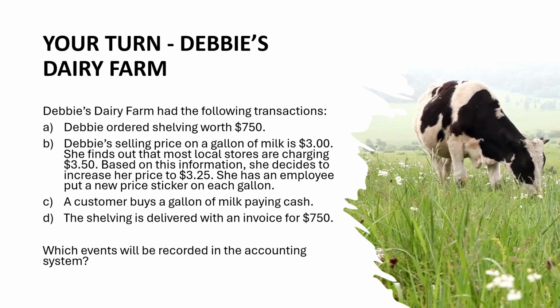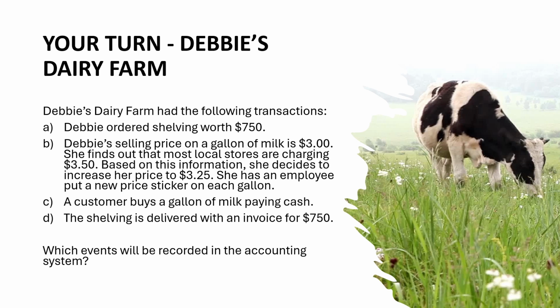Debbie's dairy farm experiences several financial events. Your task is to determine which ones qualify as transactions. Consider whether there is a financial exchange, whether ownership changes, and whether the event impacts the business's financial records. There are 4 events. Which events do you think should be recorded in the accounting system?